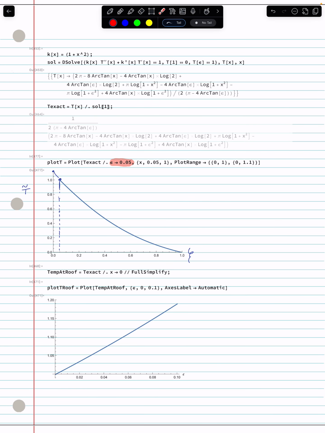And as a function of epsilon, here we got the temperature at the roof. So this is T tilde at the roof. This is how it's defined: the temperature at the roof is the exact solution in which x is replaced by 0. And this plot just shows the temperature at the roof as a function of epsilon.